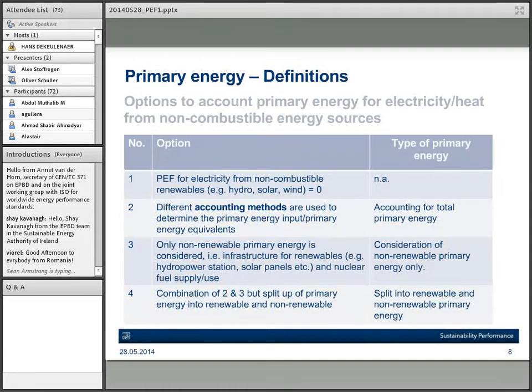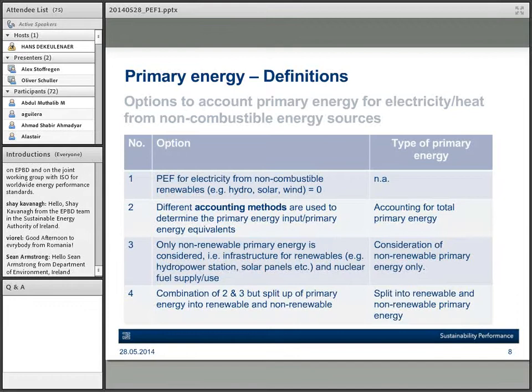And in these methods there's no distinction between non-renewable primary energy and renewable primary energy. So it's basically primary energy from fossil fuels added up with primary energy from renewable sources to one figure. And these kinds of primary energy equivalent methods are used for energy statistics normally.